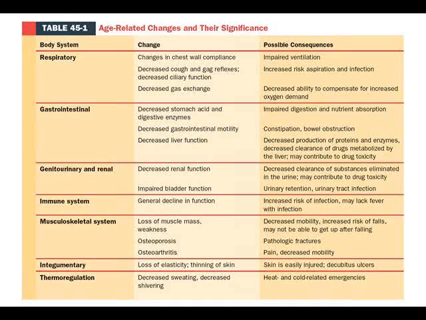The musculoskeletal system, I already mentioned that, sorry: osteoporosis and osteoarthritis. Osteoporosis is the weakening of the bones because the calcium and phosphates and whatnot are being pulled, robbed from the bones, and so therefore the bones become much more porous.